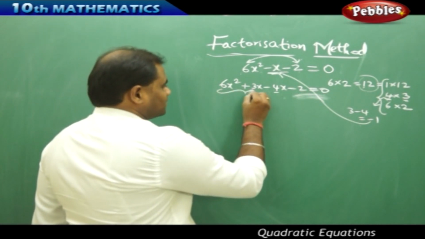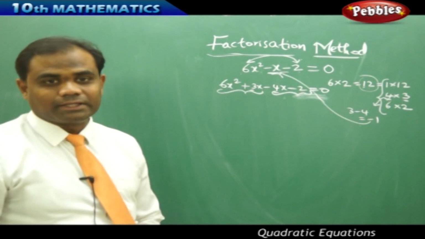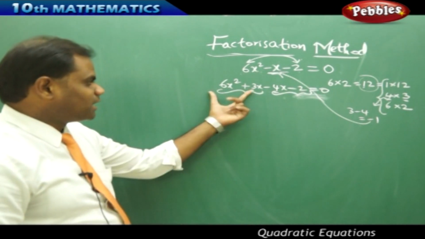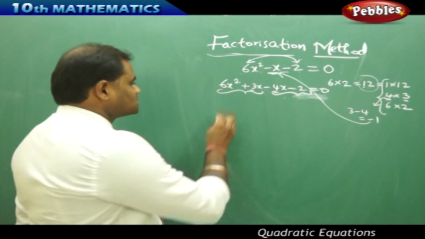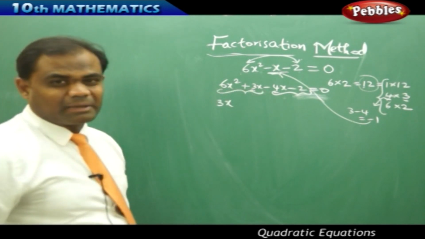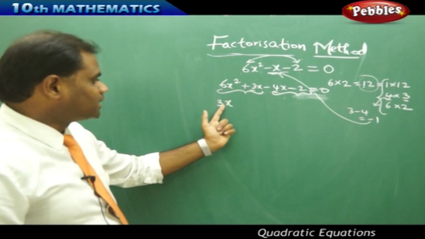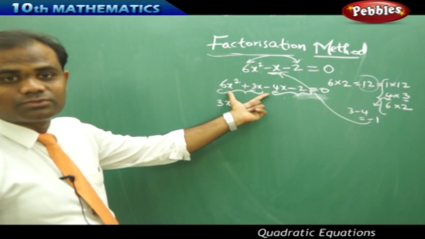So then next, I pair the first two and the last two together. The next concept is pairing them together so that in this pair, I can take 3x common. I need to take the maximum possible terms which I can take common out of this pair, which is 3x, which I can take common out of these two terms.